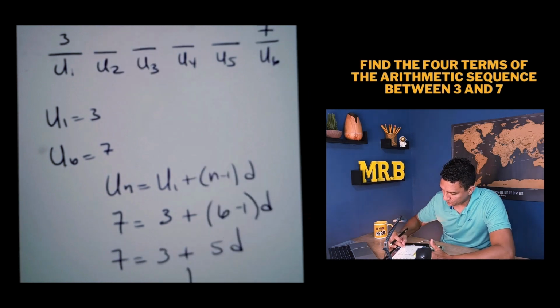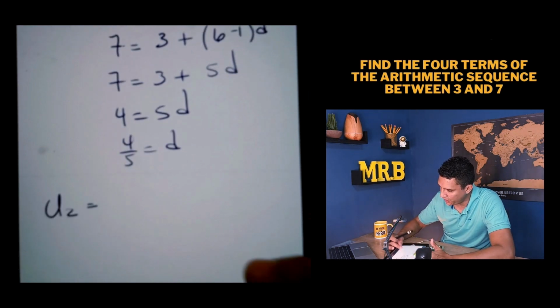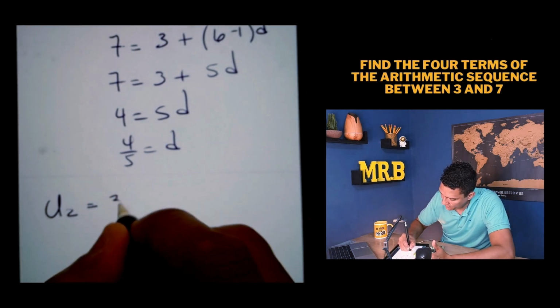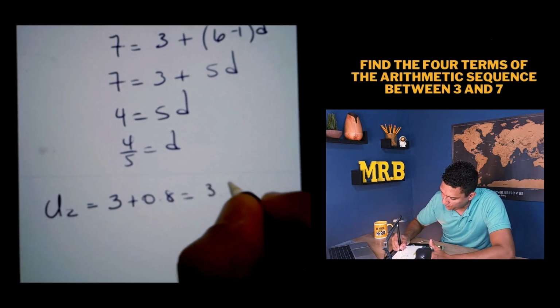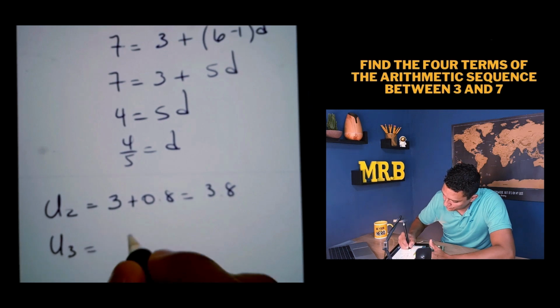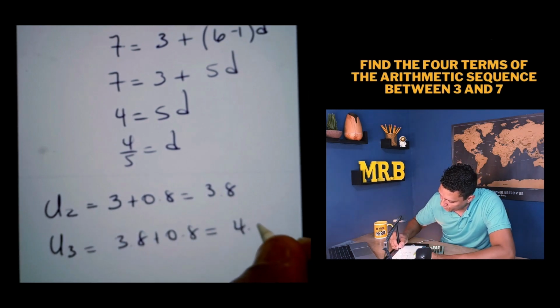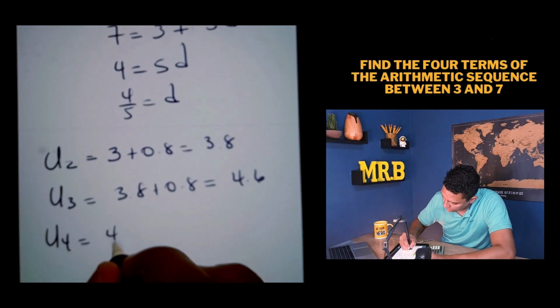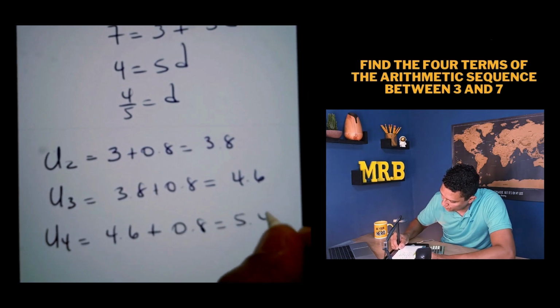For the second term, you can use the formula or you can just add the common difference to the previous term. The previous term was the first one, and the common difference is 0.8. That means the second term is 3.8. The third term is 3.8 plus 0.8, that is 4.6. The fourth term is 4.6 plus 0.8, that is 5.4.